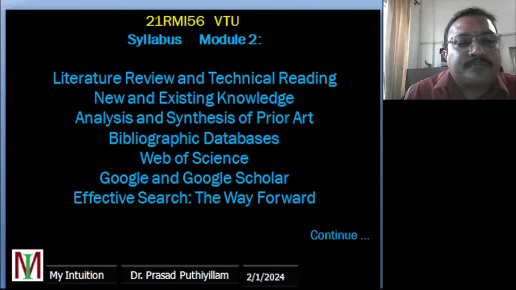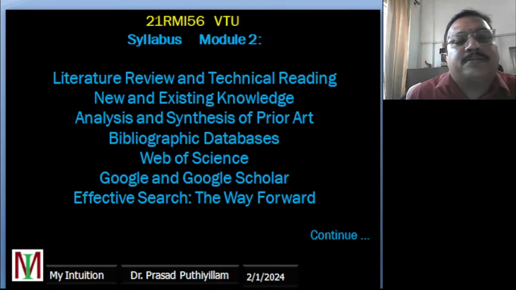Module 2, the literature review and technical reading, with new and existing knowledge as the main heading. The new and existing knowledge means what are the things that we already know, what is to be learned, what is the next brand we have to develop, that comes under new and existing knowledge.